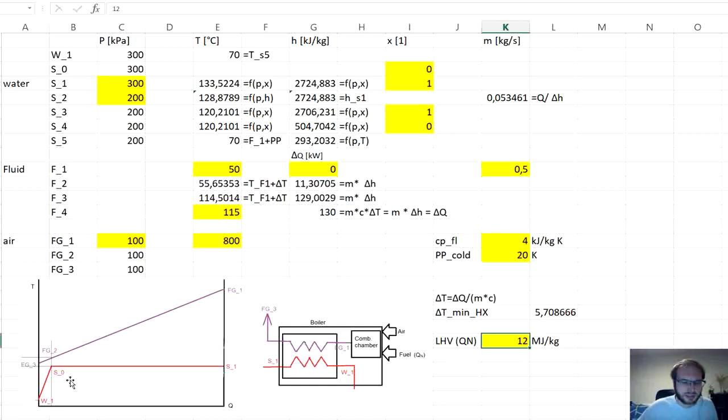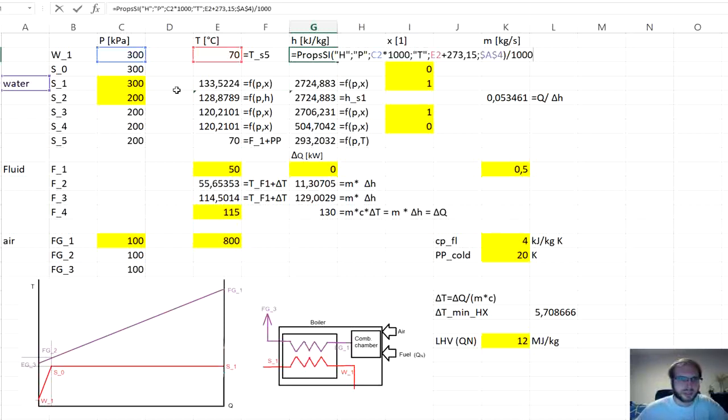So now let's get the parameters of the fluids at this heat exchanger. At the point 1 we have pressure, we have temperature, we can obtain the enthalpy as a function of these two. For that we can directly take the function that we already had.